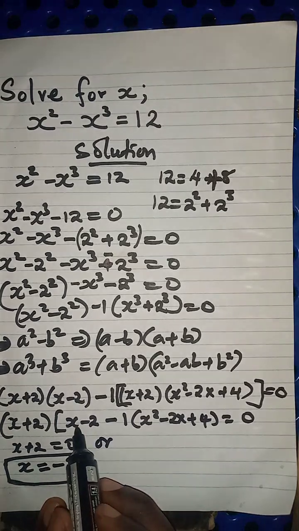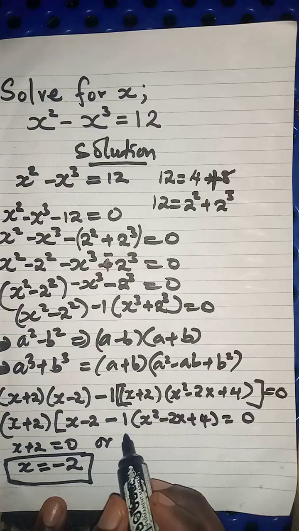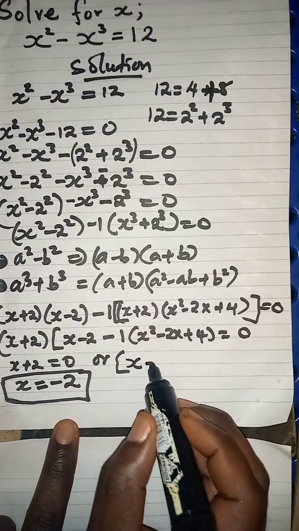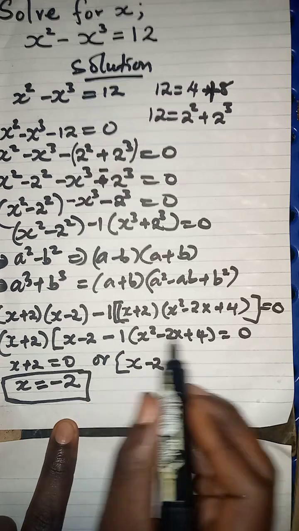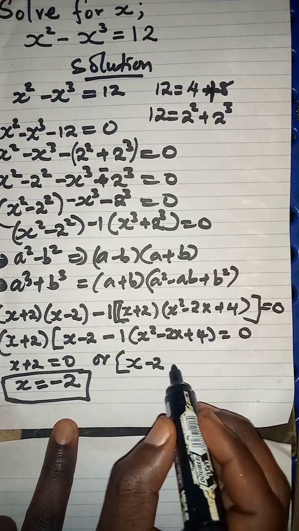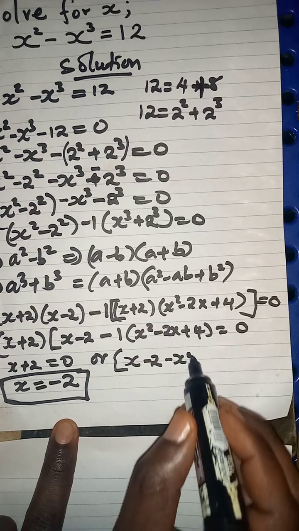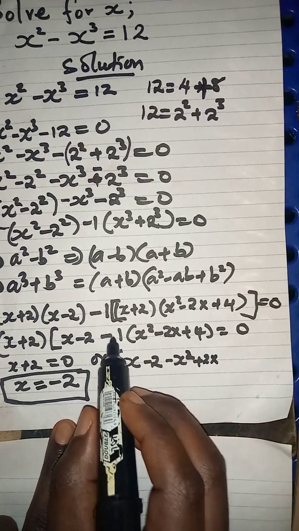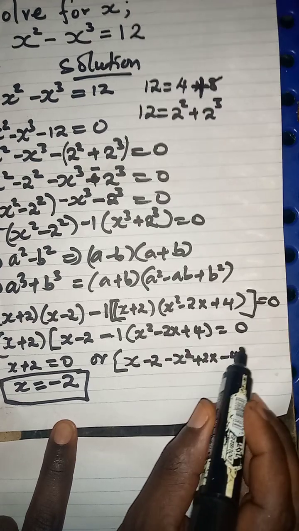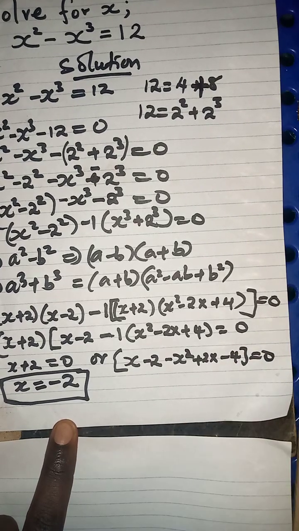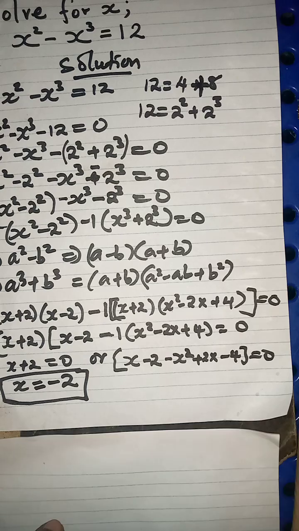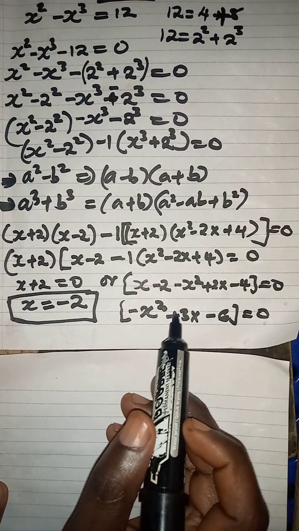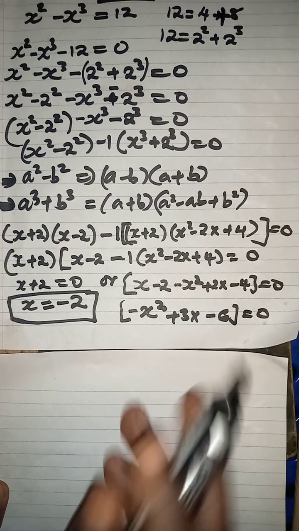On the other side, when you try expanding this, I'm going to get x minus 2, and this negative affects this other bracket as negative x squared, and then positive 2x, and then this becomes negative 4 equals 0, like that. So expanding further, I get negative x squared plus 3x minus 6 equals 0.